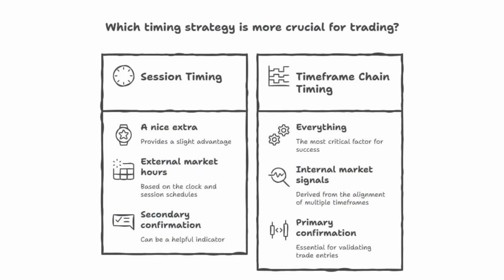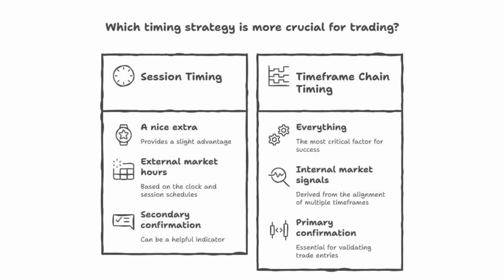About timing, everyone talks about sessions, London Open, New York Open, overlap, lunch, and so on. And yes, it's better to have your entry happen during active session hours, and I look for that too. But timing, in that sense, is not what matters most.